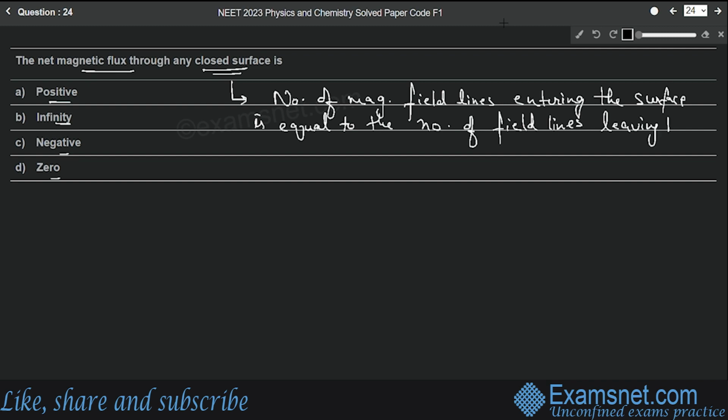Leaving the surface. So integration of vector B dot ds is 0. That means the net magnetic flux is 0. So option D will be the correct answer. Okay, this is the very simple question.